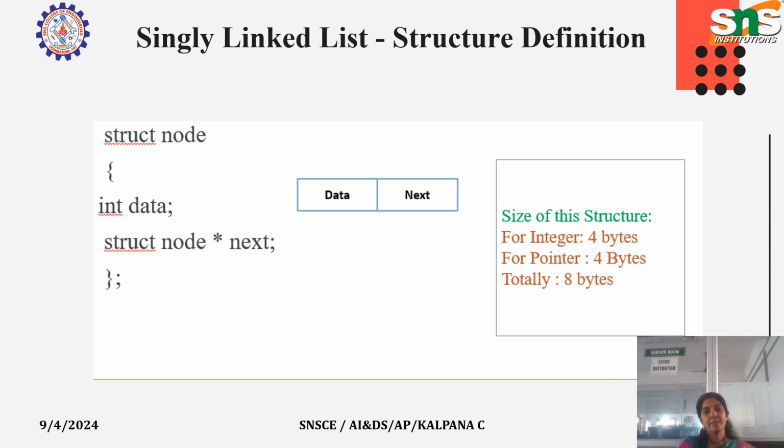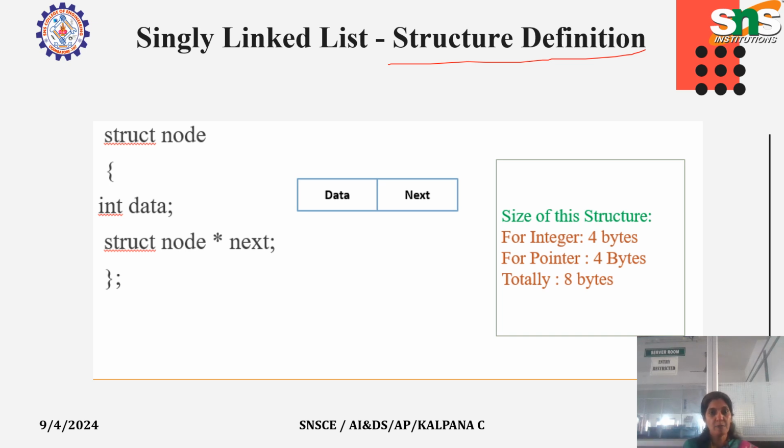Next is the singly linked list structure definition. When we discussed arrays, to store any data items inside the array, we have to declare the array and initialize the values, right?